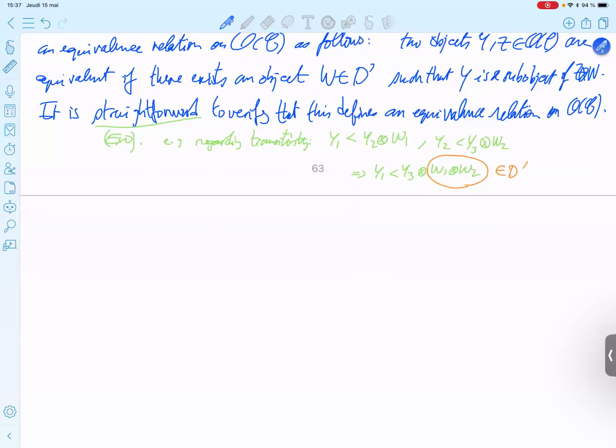Okay. So we will call the full abelian subcategory generated by an equivalence class a D prime component.